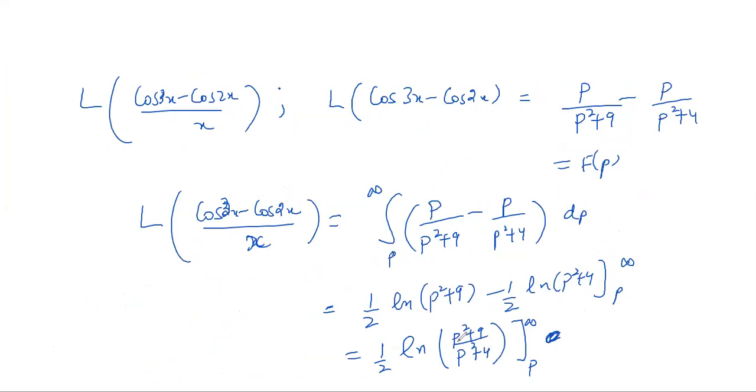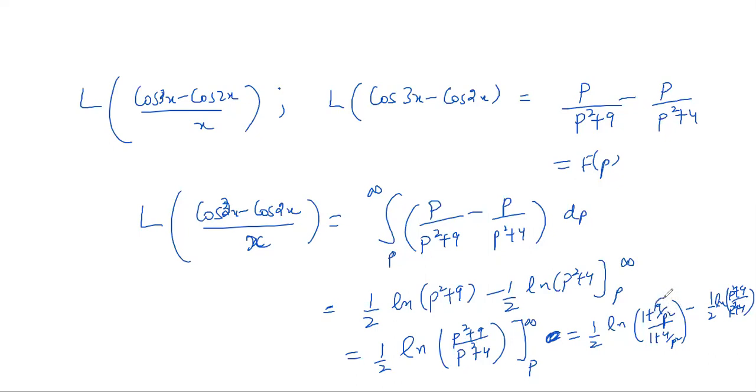It will be like this, because when you divide by p square, it will be 1 by 2 log of (1 plus 9 by p square) by (1 plus 4 by p square), minus 1 by 2 log. For the second, you need not do any simplification, just keep it in terms of p. For the upper limit, because you have to put the limit p going to infinity, I have to make expressions like 1 by p, 1 by p square.